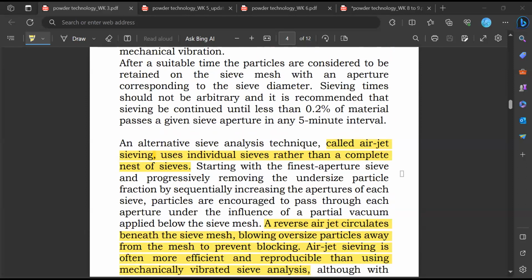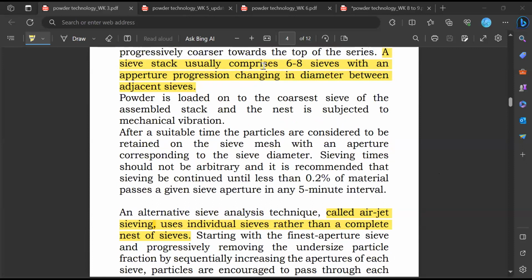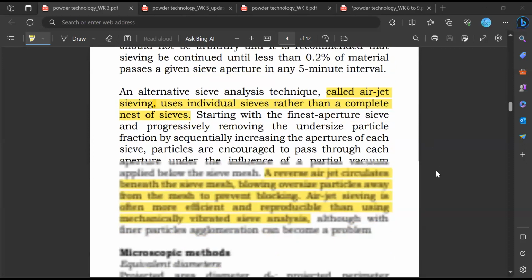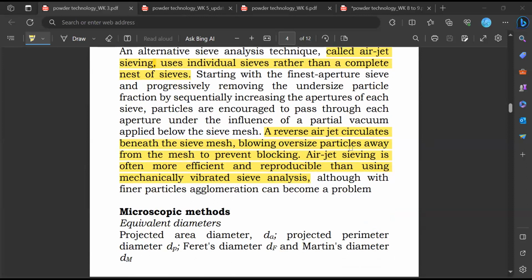Then another one that is used is called air jet sieving, where only individual sieves are used, while in the previous one we saw many sieves. Here, the air prevents the mesh from being blocked by the oversized particles.